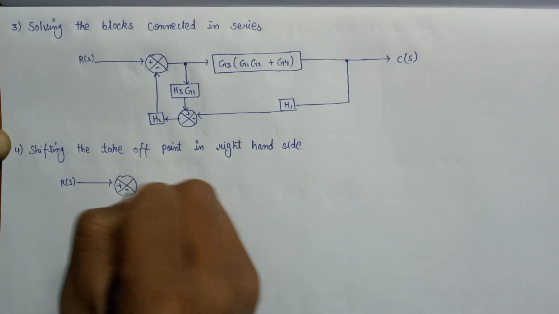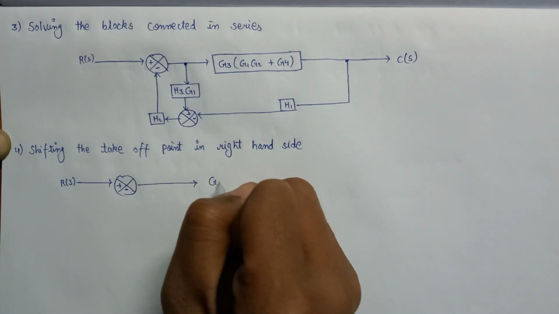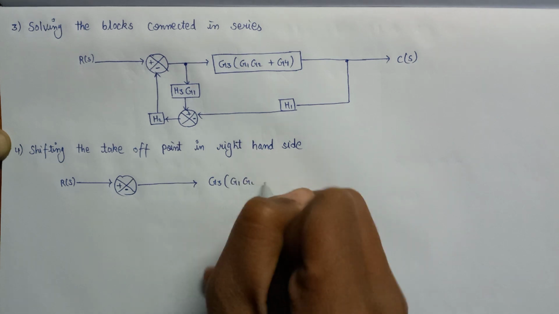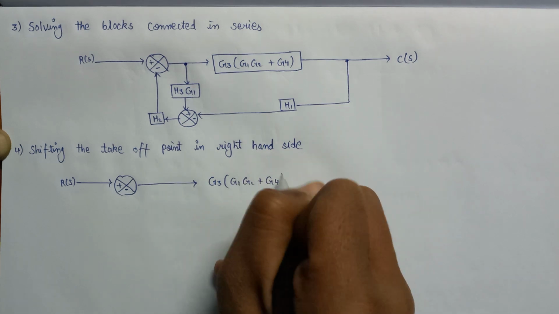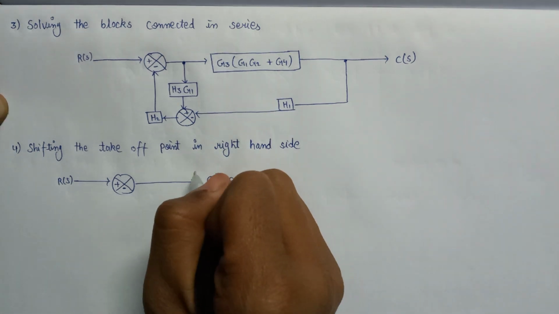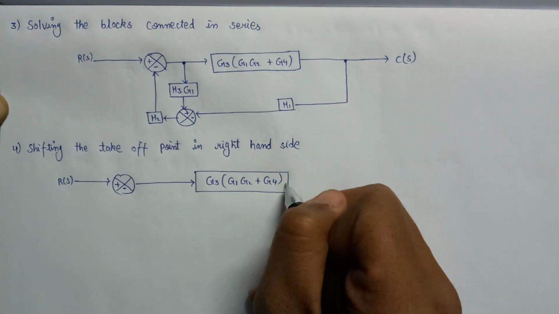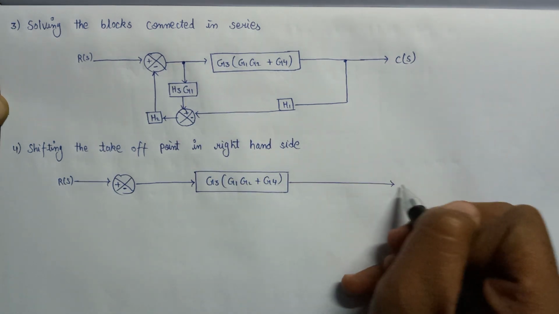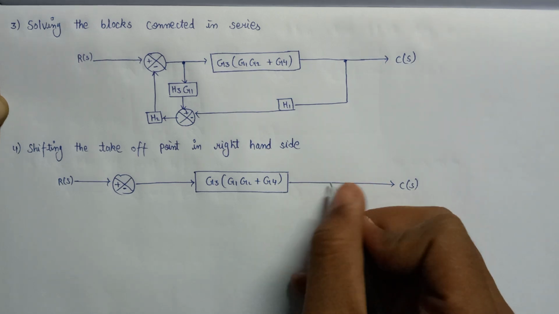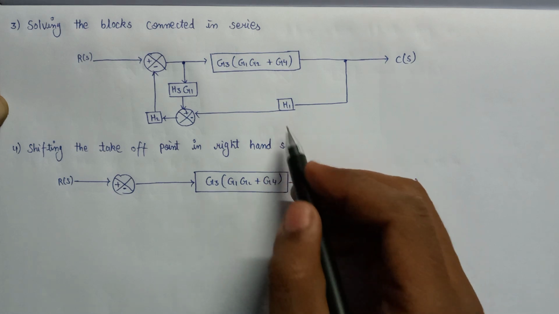Here is a negative feedback. Here is a gain G3 multiplied with G1, G2 plus G4. Now it is directly connected with the output C of S, and here is a feedback, that is H1.